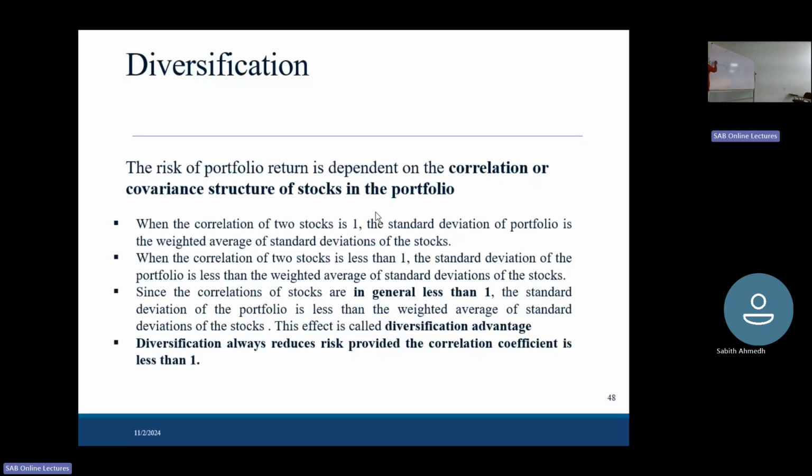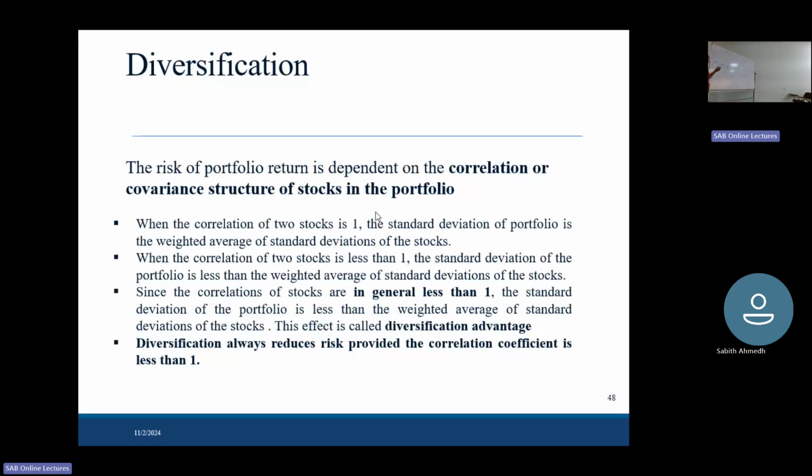Let us say the correlation coefficient is minus 0.95. Then the diversification advantage is very large. If the correlation coefficient is negative 0.95, you will get more diversification benefit than when the correlation coefficient is 0.5. In both cases there is a degree of advantage.